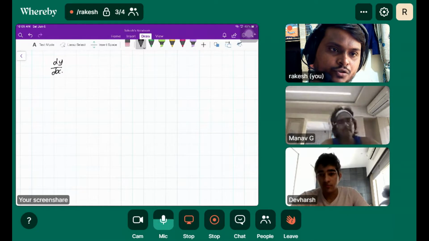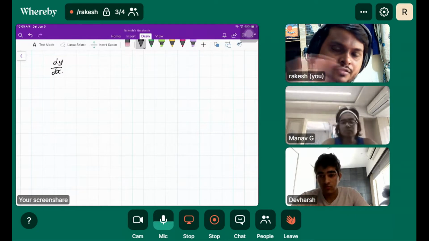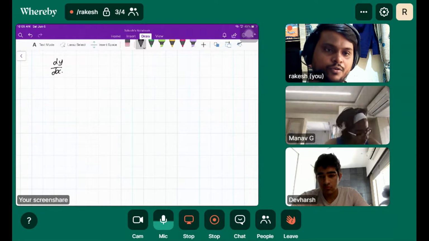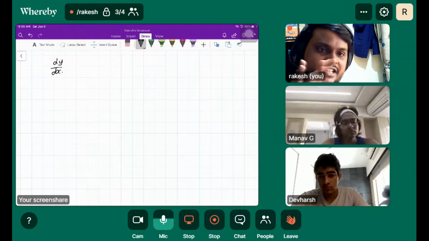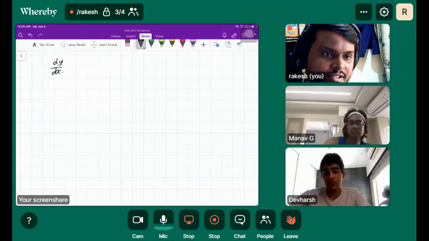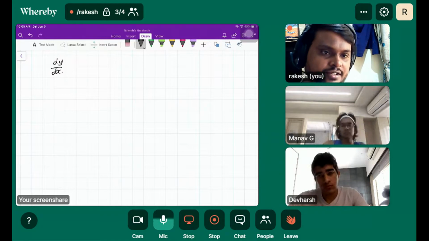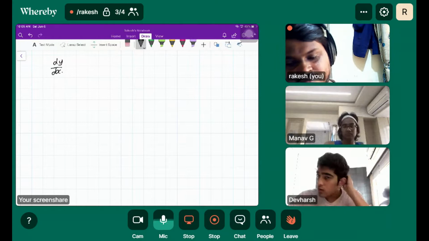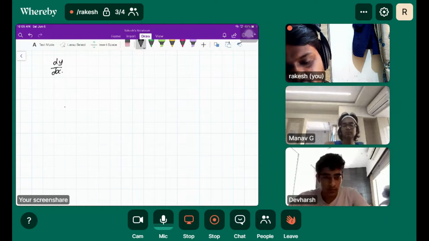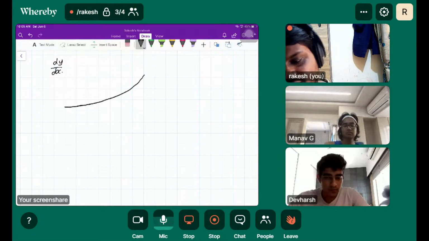Slope, or if you want to investigate it more, it is basically the change in y with respect to x. Change in y when there is a slight change in x. So if I try to graph it, suppose this is your y, the function.